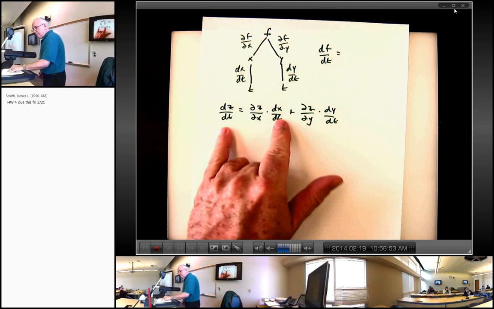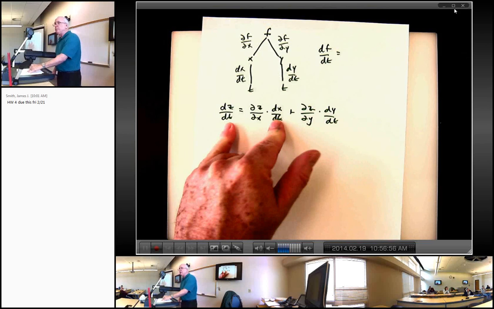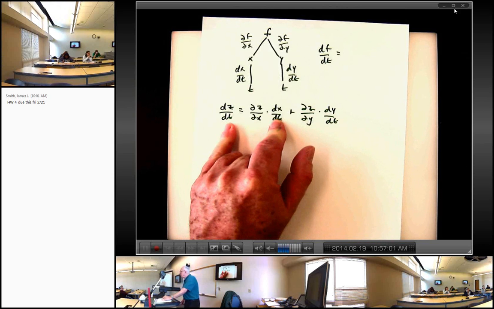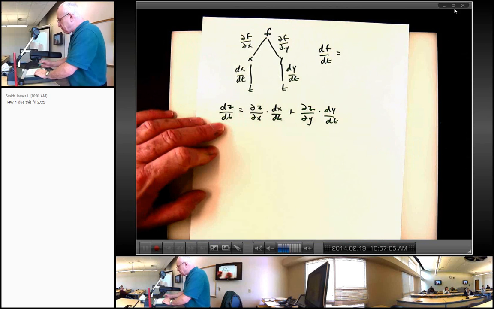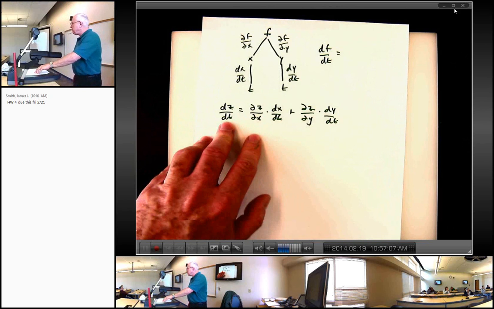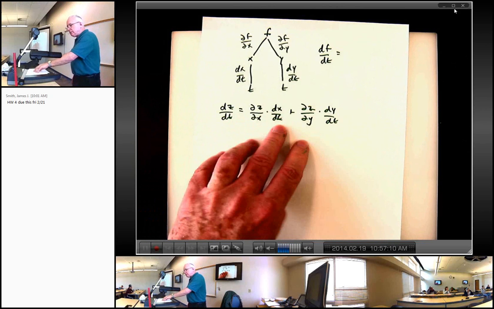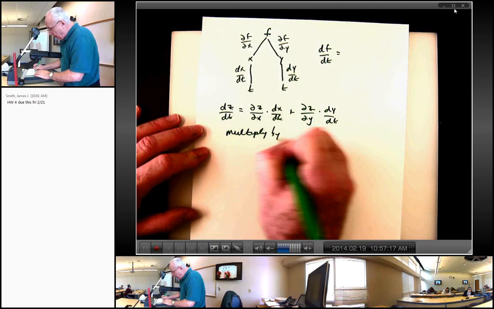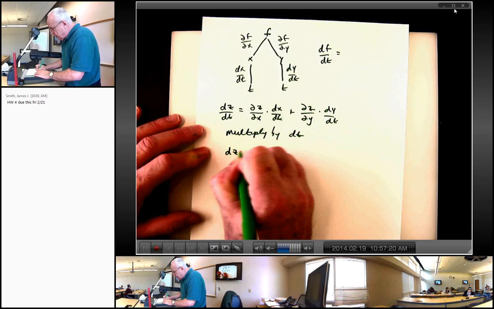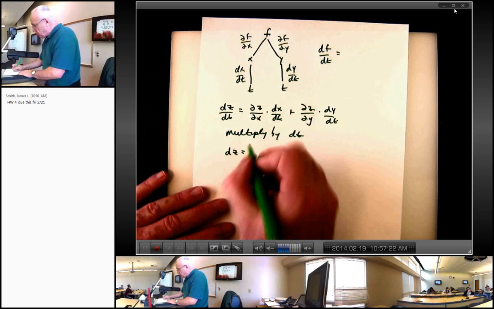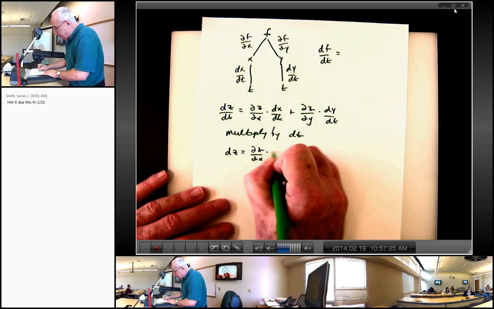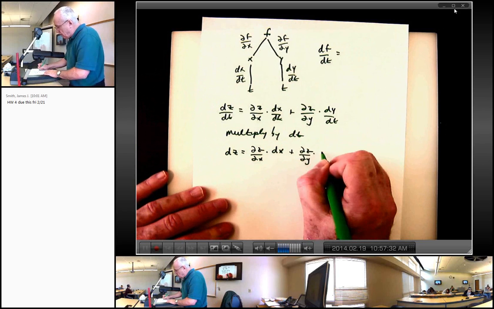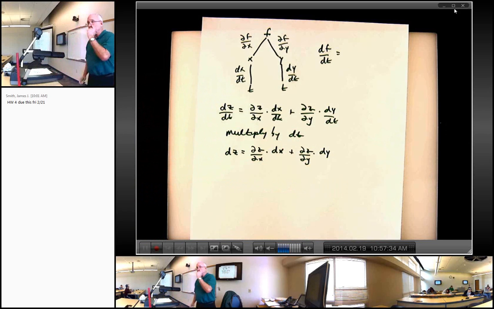Now, the real magic, really, I mean, the one who developed these differentials, I think that was Leibniz. If we multiply everything on both sides of this by dt, since dt is in the denominator, we get this. Now we just get dz equals partial z partial x times dx, no more dt down there, plus partial z partial y times dy, no more dt there.